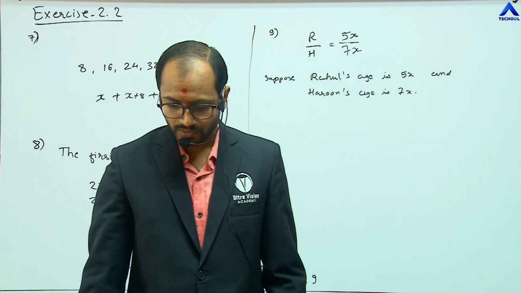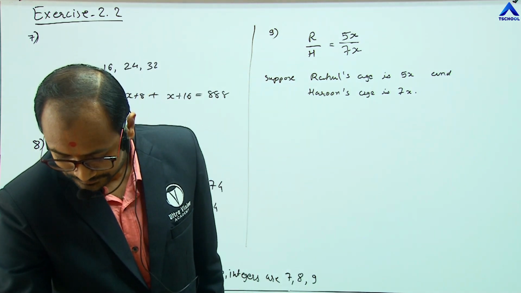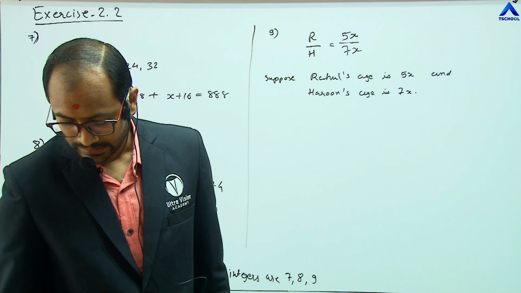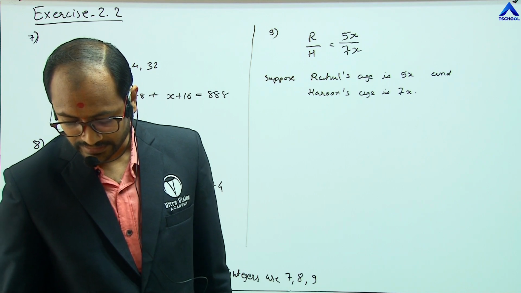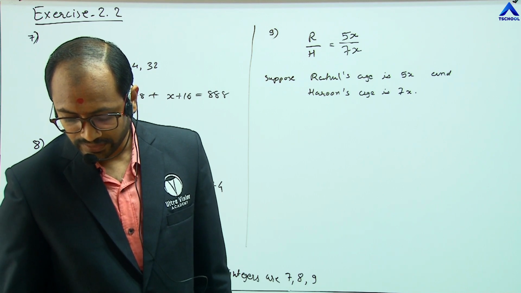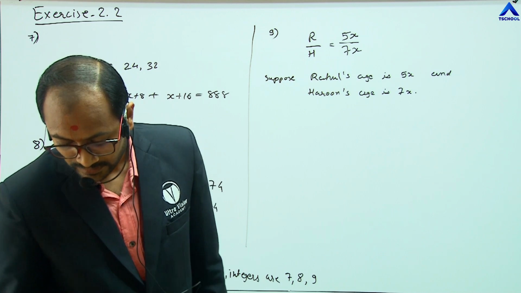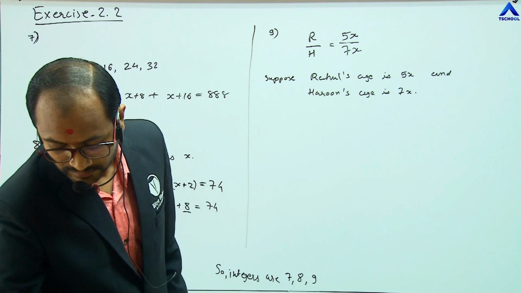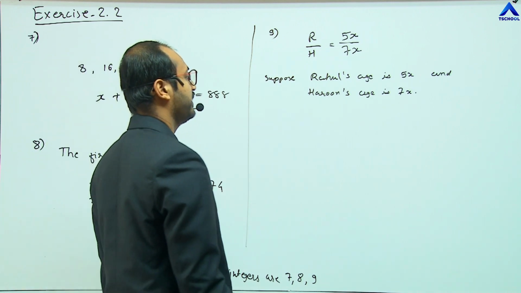Then what is given next? 4 years later, the sum of their ages will be 56 years. That means after 4 years, the sum of these two ages is 56.